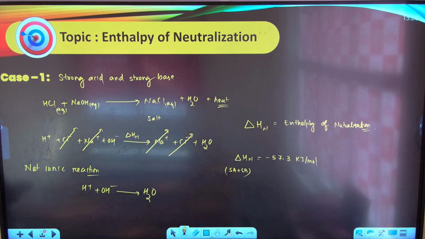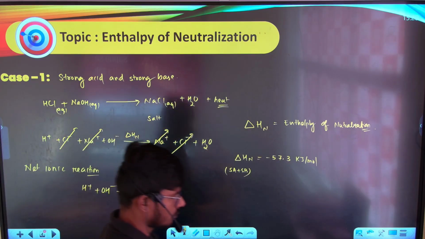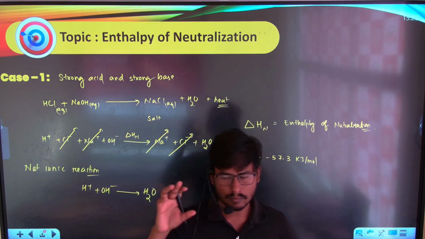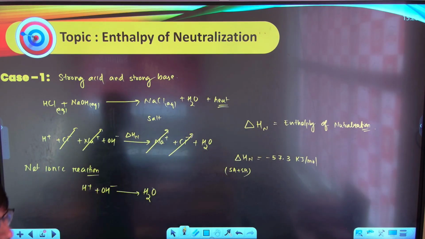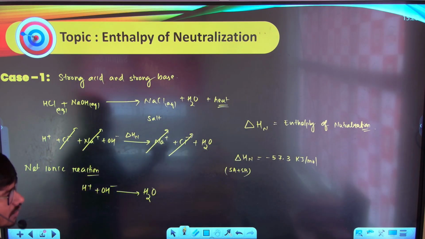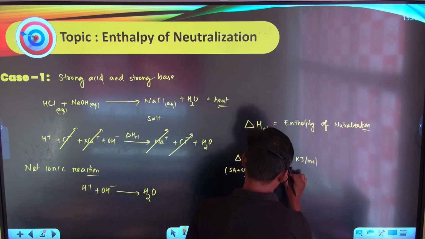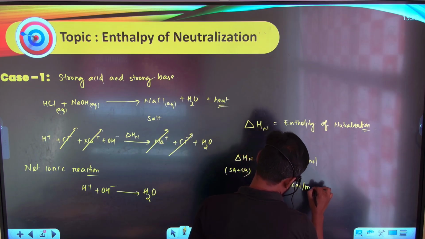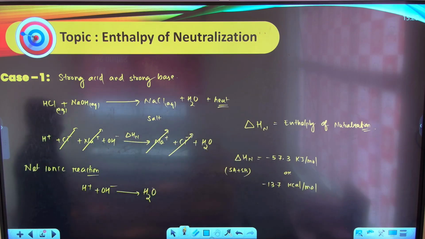Why is it written as minus? Because when we calculate delta H, we subtract reactants from the products. As the heat is released, the energy of the products is less, so it is negative. Or we may write minus 13.7 kilocalorie per mole in calorie terms. This is for strong acid and strong base.